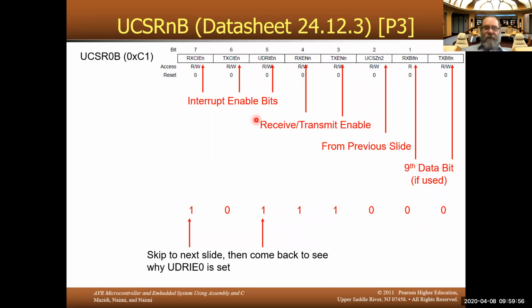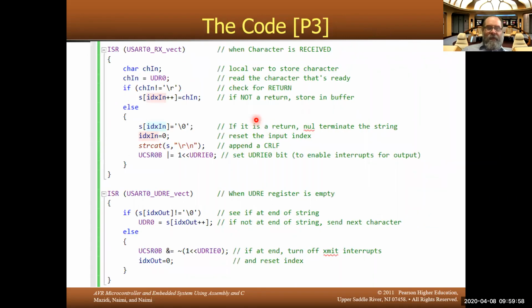Let's go back to the code. As soon as this bit is set to 1, what's going to happen? As soon as I return from this interrupt service routine into the spinning while loop, a data register empty interrupt is going to get generated, and I'll end up in this routine.